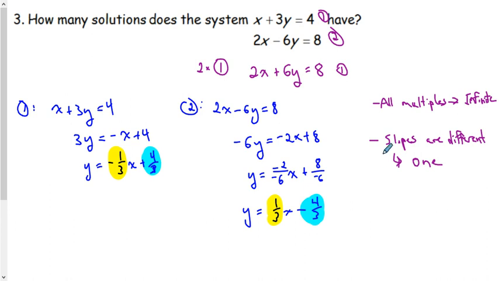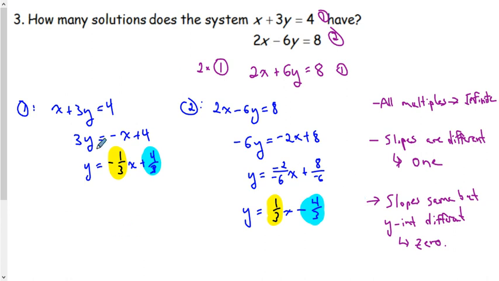So we can say, okay, slopes same, but y-intercept different, that's going to be 0 solutions because there will be parallel lines that never touch. They got the same slope, so they keep going on forever, but they're offset a little bit. So that would mean 0 possible solutions.